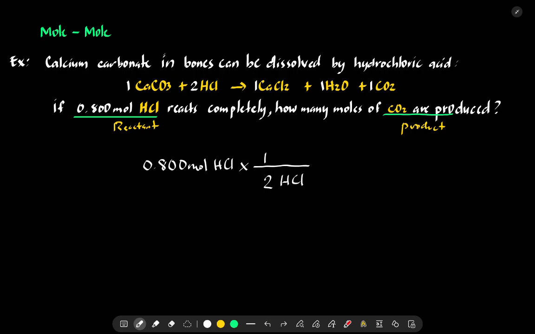Now, you can see that on the upper part and the lower part, same siya, mole din. Hindi lang natin naisulat. Pwede po natin siyang i-cancel. Ang matitira po natin ay mole ng CO2. So, now, if we multiply it by 1, ang magiging sagot nyo dyan ay 0.800 divided by 2, which is equivalent to 0.400 mole of CO2.